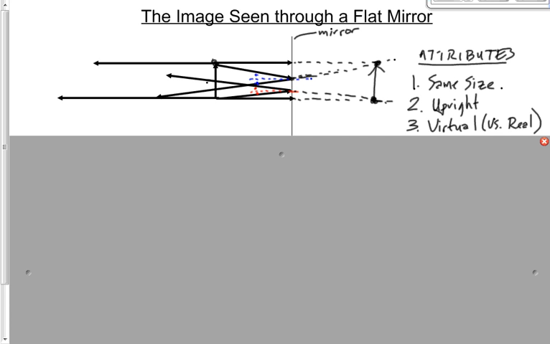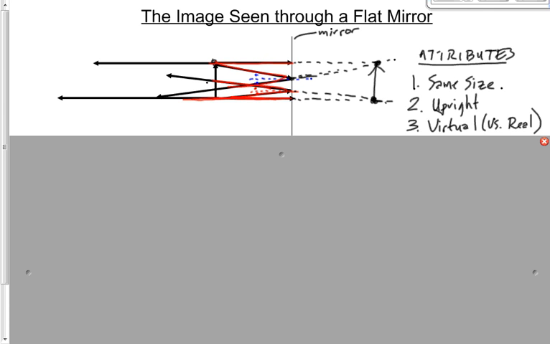When solid lines are intersecting, and I know I have lots of solid lines intersecting on the left-hand side, but when solid lines of rays are intersecting in certain ways, then we have a real image. If this ray and this ray intersected, then we'd say that's a real image, but they don't. If this ray and this ray intersected, then we'd say we have a real image, but they don't.